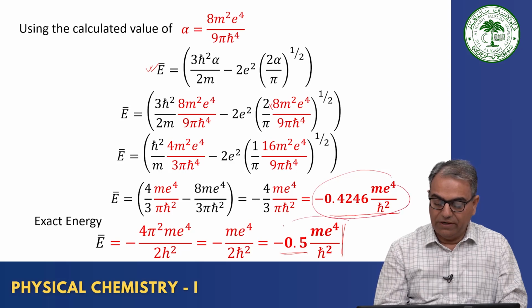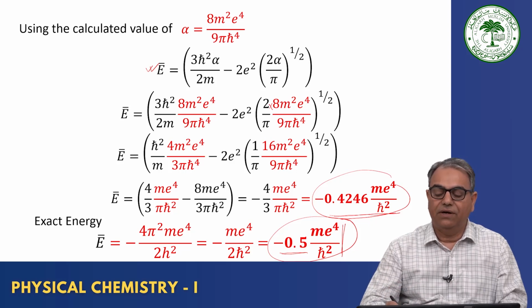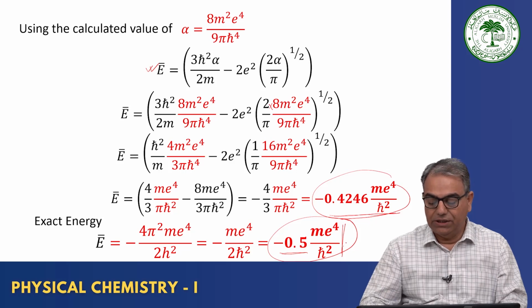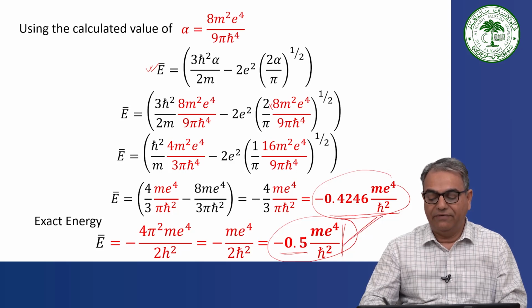to the actual value, but always whatever energy value you get from a trial function should be greater than the ground state energy, and this you see here. The ground state energy is minus 0.5 m e raised to the power 4 divided by h cross square, and the value which you obtain from the trial function is minus 0.4246 m e raised to the power 4 divided by h cross square.